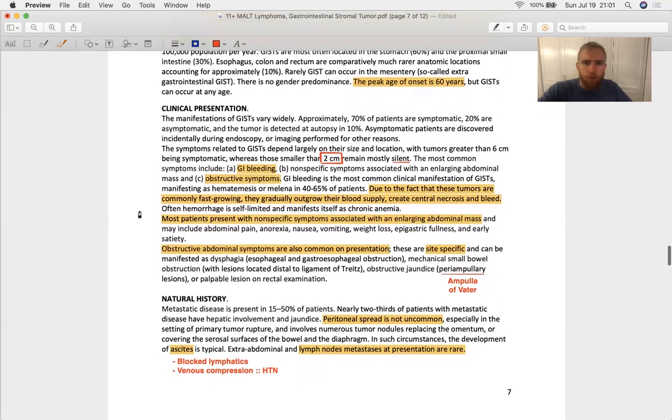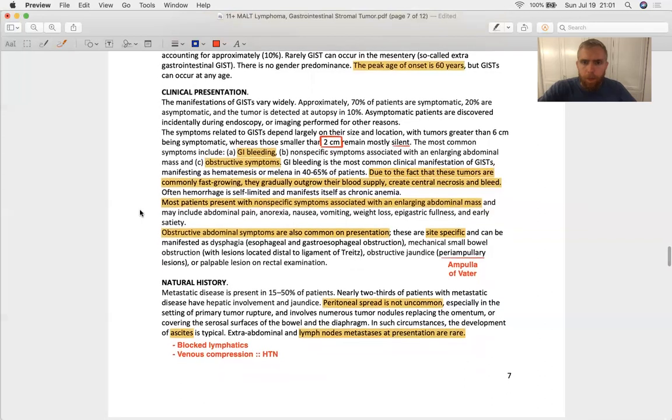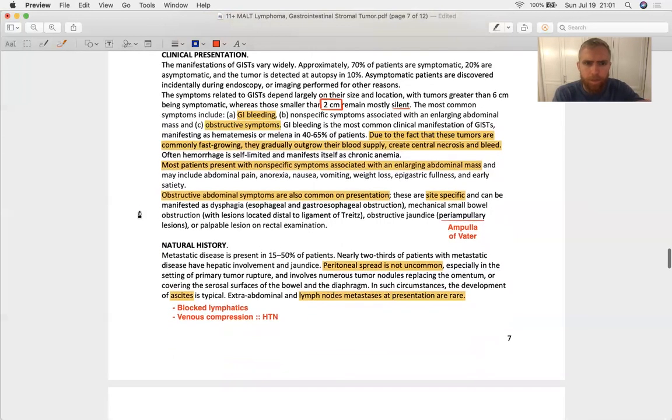So these stromal tumors will look spindle celly on histology because they're connective cells. Peak onset is 60 years old. They're clinically silent usually until they grow larger than 2 centimeters, and that 2 centimeter rule applies to most cancers from what I gather.